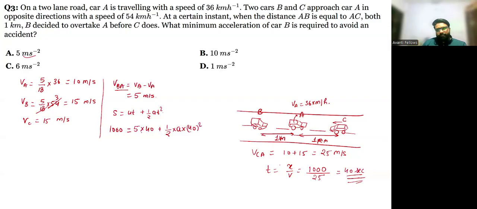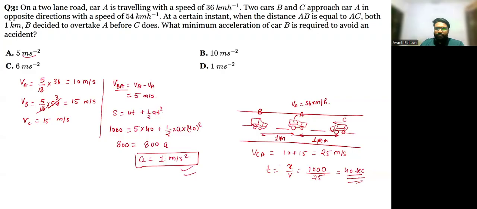So this will become 200. 1000 minus 200 is 800. Similarly, this side also you will find is coming out as 800. And this is 8. So the acceleration of the car is 1 meter per second square.